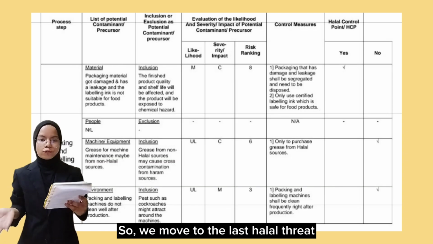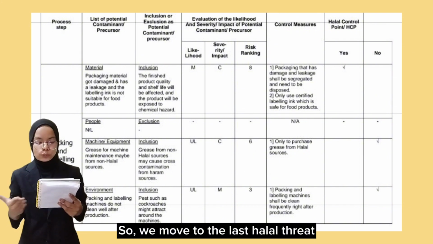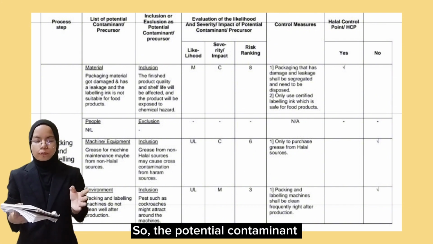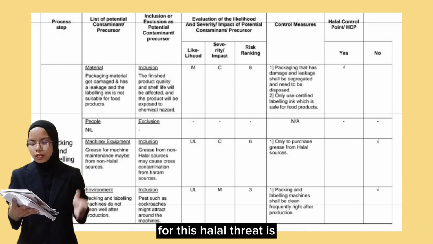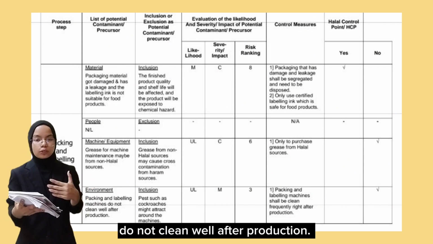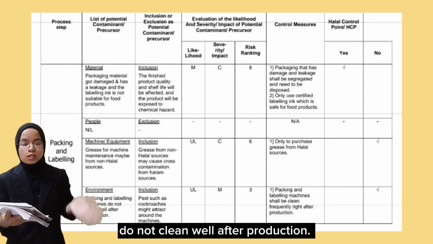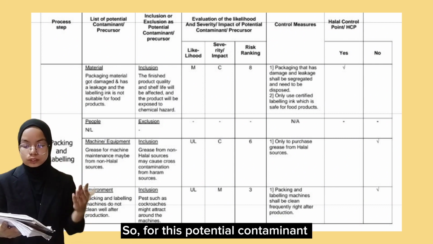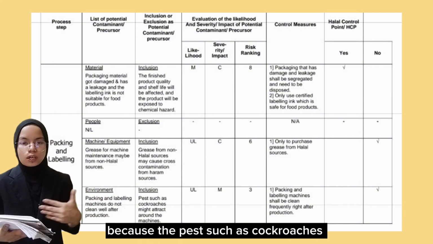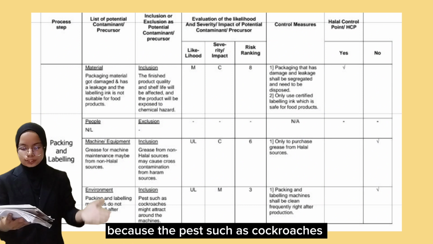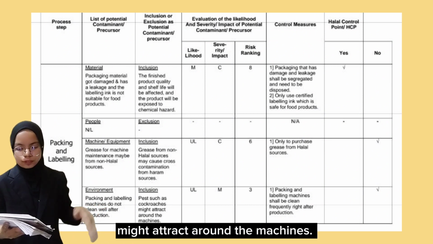We move to the last halal threat, which is environment. The potential contaminant for this halal threat is packing and labeling machines not cleaned well after production. It is inclusion as potential contaminant because pests such as cockroaches might be attracted around the machine.